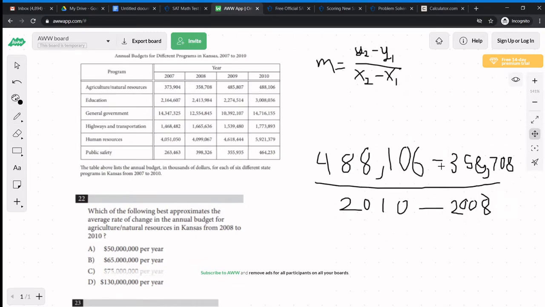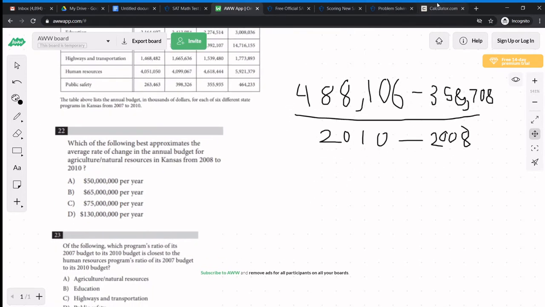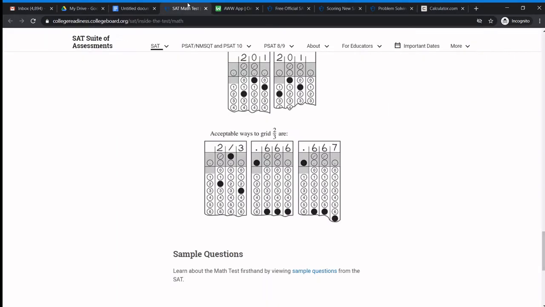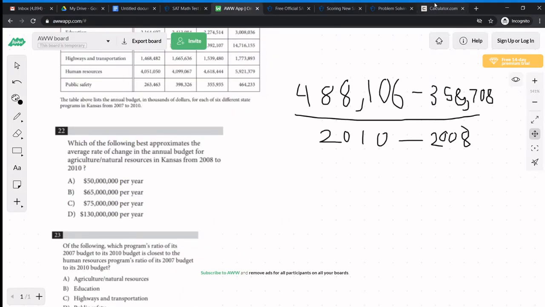So you get, again, these will all be on the calculator section, so just do it. 488,106. Oh, wrong one. Minus 358,708.